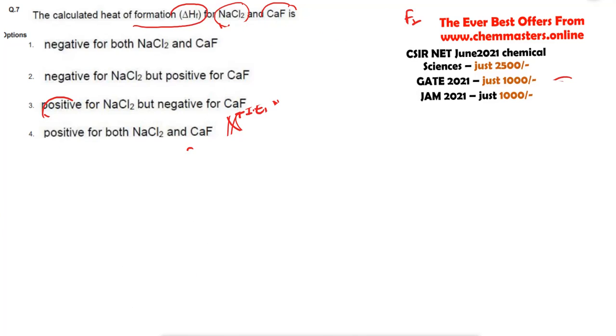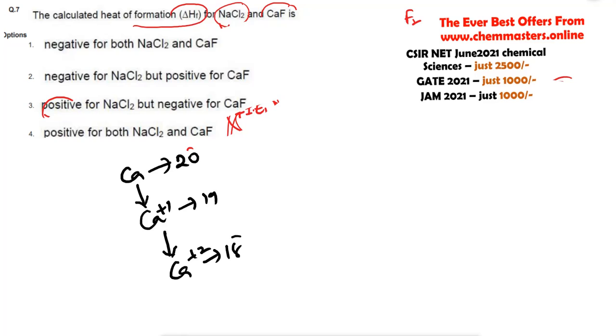Here, just take Ca, and we know that it has 20 electrons, right? In the next case it will become Ca plus 1, that is 19, and next it will become Ca plus 2, which has 18. So in the first case, one electron is removed, the first electron here, the second electron here.